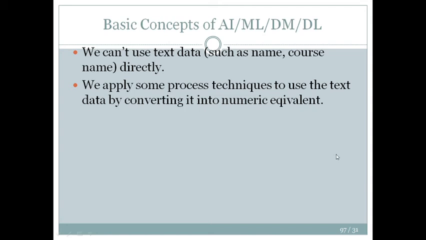So we apply some processing technique to use the text data by converting it into numeric equivalent. This is going to happen when you will be coding your algorithm. When you reach that stage, you will take input from your database file and you will say that I am going to apply these 5 operations, and for those 5 operations you will have to map the names of rows.